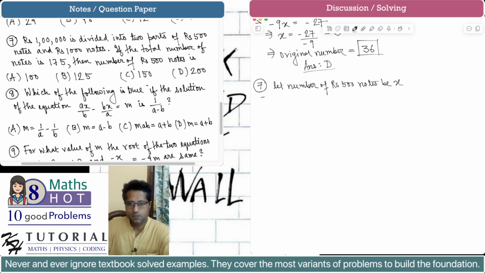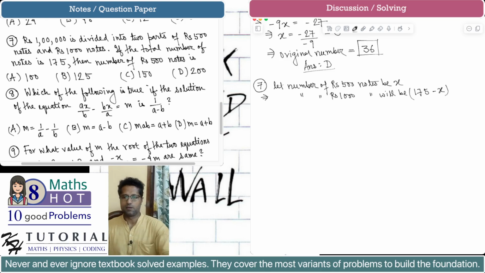Since the total number of notes is 175, the number of rupees 1000 notes will be 175 minus x, where we have assumed x to be the number of rupees 500 notes.